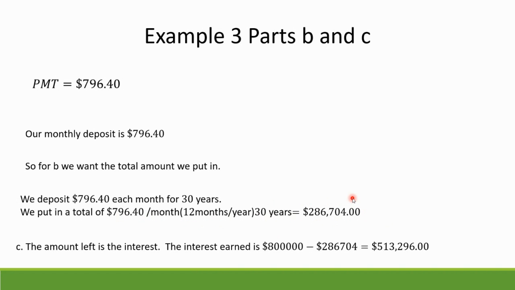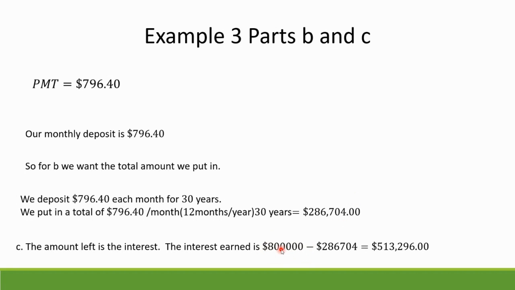So through our deposits, over the course of 30 years, we end up putting in $286,704. And remember, the money in there is earning interest. Well, how much interest do we end up earning? We know there's going to be $800,000 after 30 years.